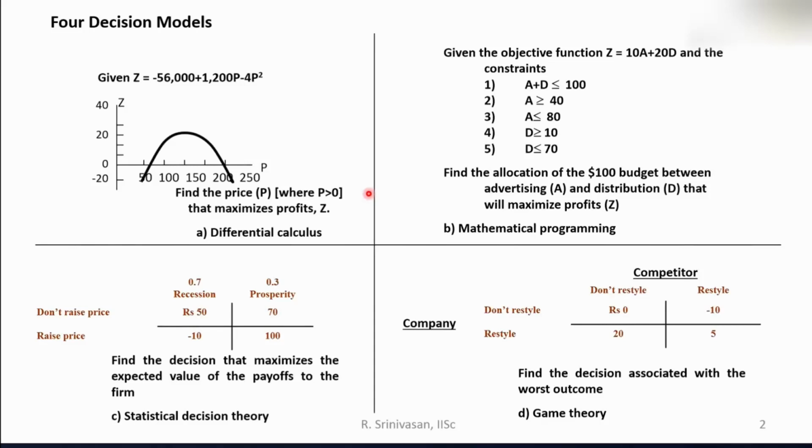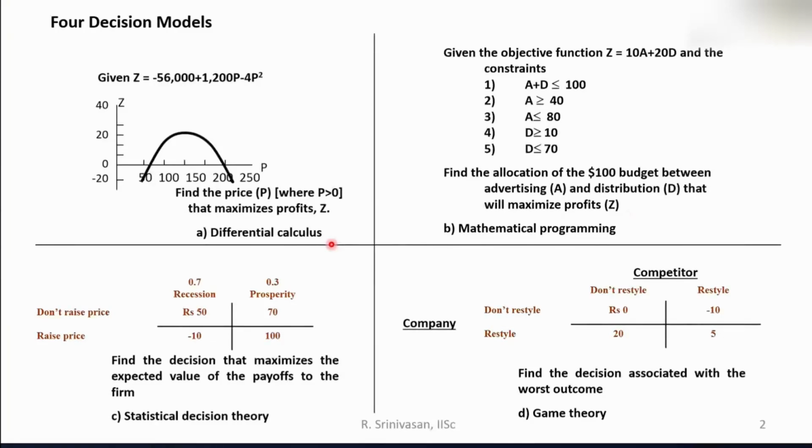You are going to look at dz by dp and d squared z by dp squared. When you solve this equation, you may end up with a situation that at the price of 150 your profits will be maximum. So when the product is priced at 150, you are likely to get the maximum profit, that is z. This makes use of differential calculus. Take the first differential, make it equal to 0, and you will get this value.